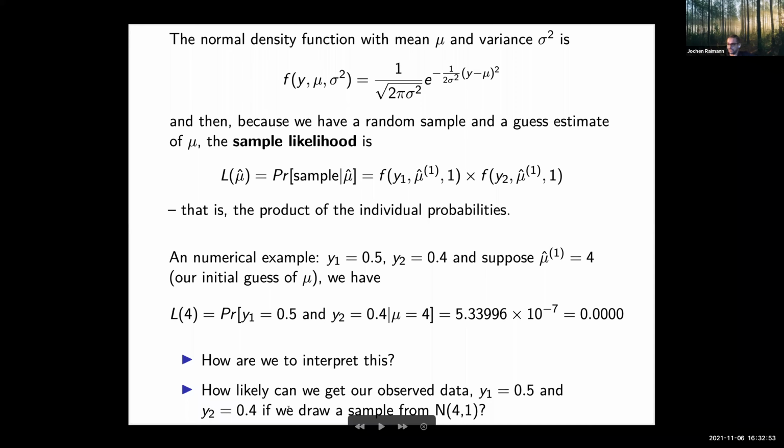So how do we interpret this? If our observed data is characterized by y1 and y2, then our estimated guess of mu hat 1 of 4 is actually pretty terrible. So essentially we need to do better.